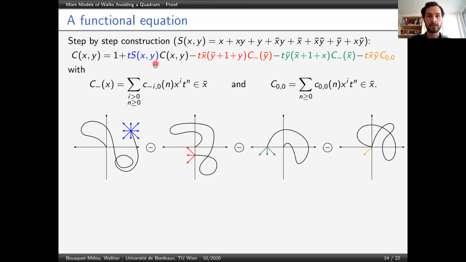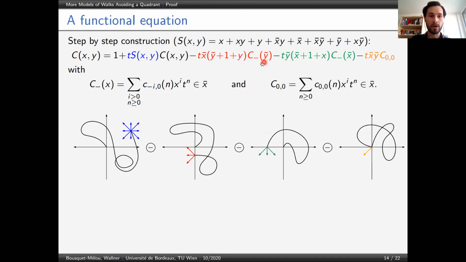That's how everything starts. But then, if we add more jumps, at some points there are some jumps which are not allowed. For example, on the negative y-axis, we are not allowed to jump to the left. On the negative x-axis, we are not allowed to jump down. And if we are at the origin, we're not allowed to jump south-west. This corresponds to these three parts.